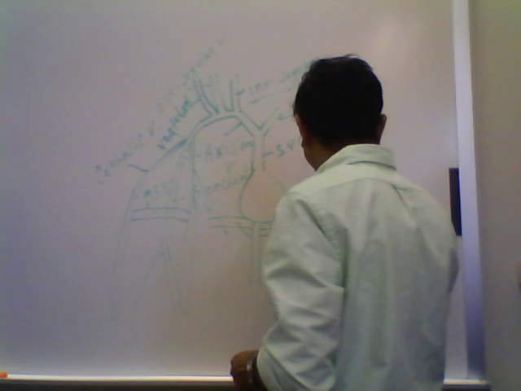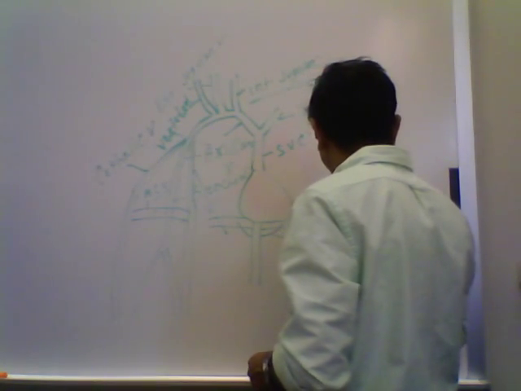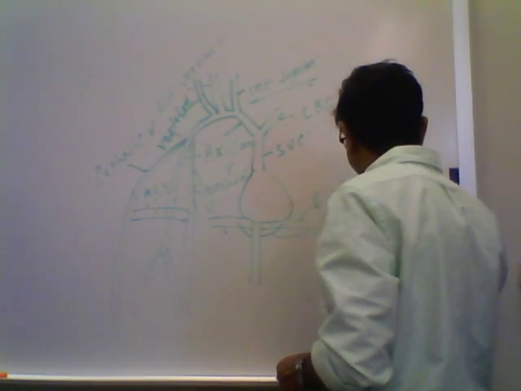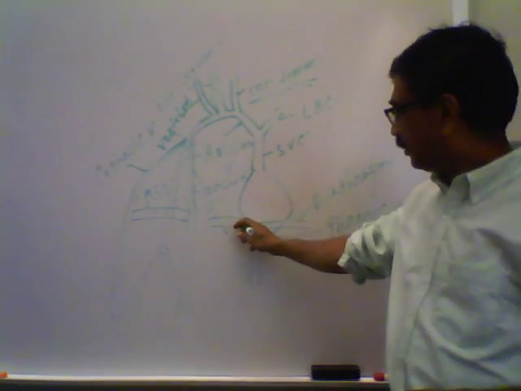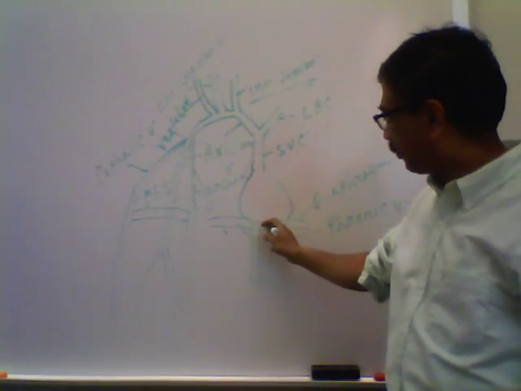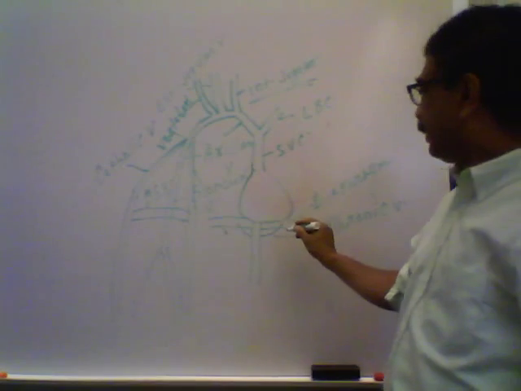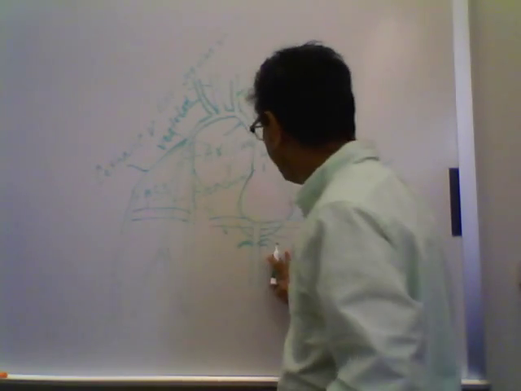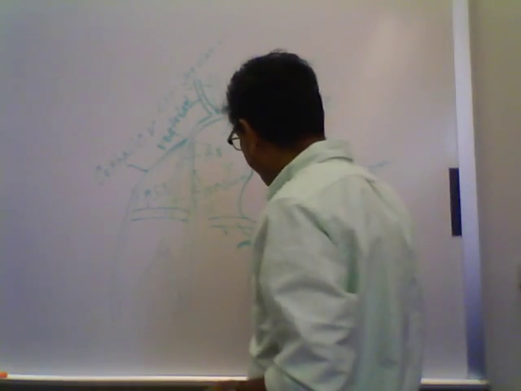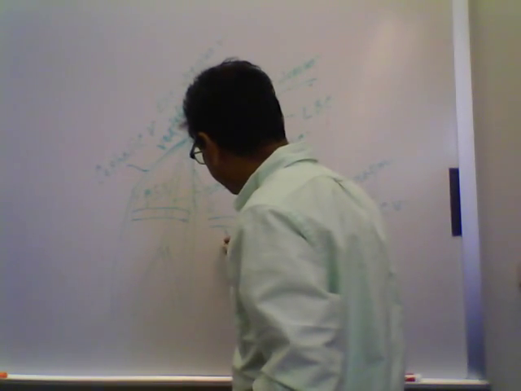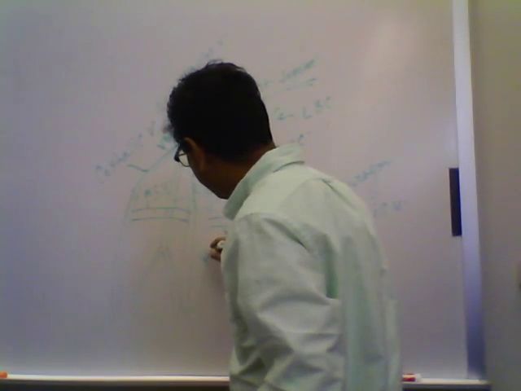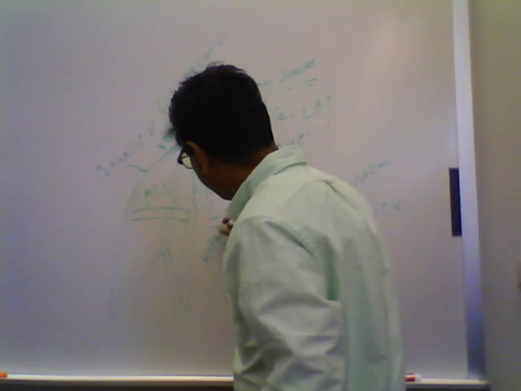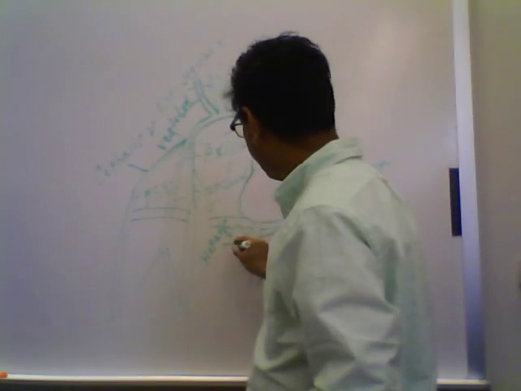So the phrenic vein gets deoxygenated blood from the diaphragm. Then also you have hepatic veins. They drain deoxygenated blood from which organ? Hepatic, liver. So the hepatic vein from the liver.